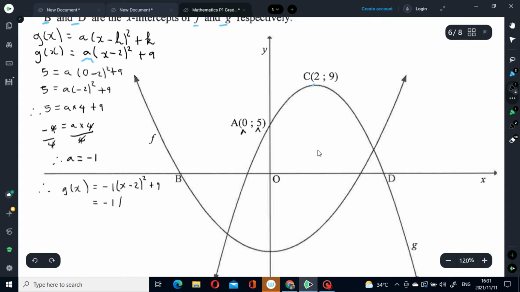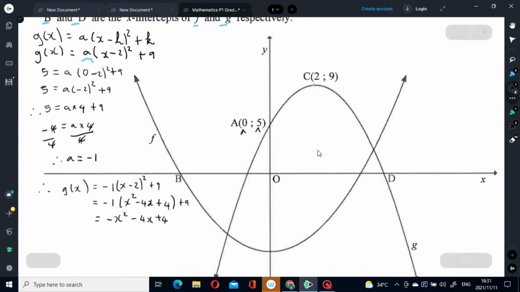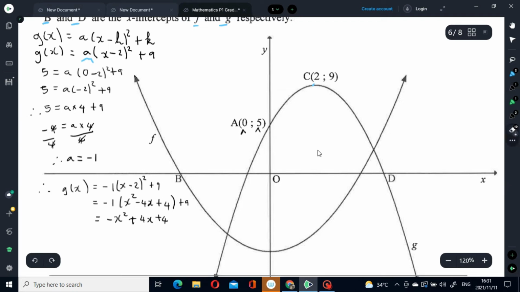If you expand (x minus 2) squared, you get x squared minus 4x plus 4. Use the distributive property, multiply negative 1 by everything within the brackets, minus x squared plus 4x minus 4. Sorry, let me correct that. That was supposed to be plus 4 and that was supposed to be minus 4.